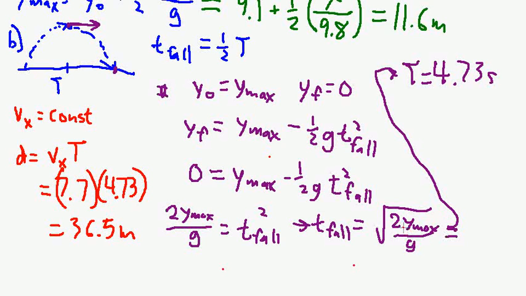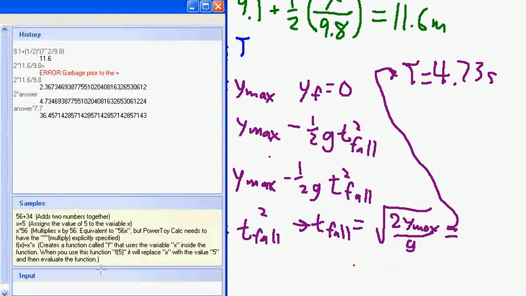Yep, okay. So, I'm just going to do this. T, I'm going to find a variable capital T, 2 times the square root of 2 times 11.6 over 9.8. And, okay, so T equals that.